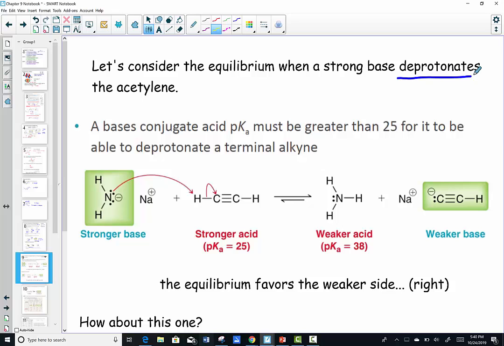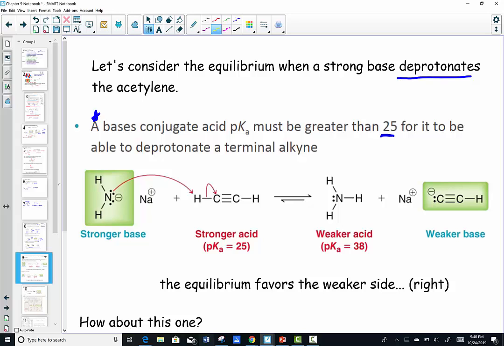So let's practice, and this is a review lesson from our acid-base chapter, but repetition's our friend while we're learning, no problem. The conjugate acid of the base must have a pKa greater than 25 for it to be able to deprotonate a terminal alkyne. And let's understand this sentence.